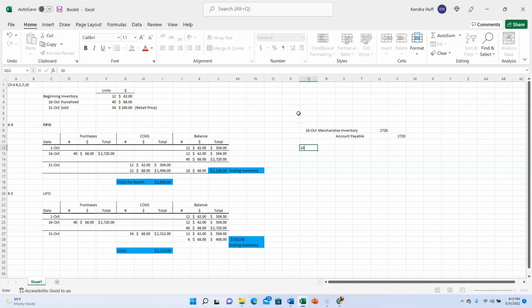And then when I sold the inventory on October 31st, I'm going to have 2 journal entries. I'm going to have the accounts receivable and sales revenue. And this is at that retail price of $100.